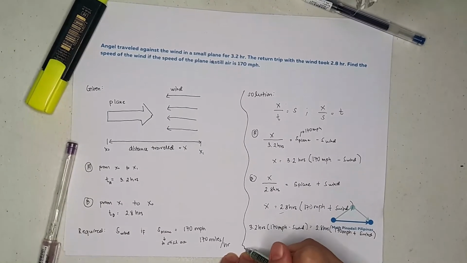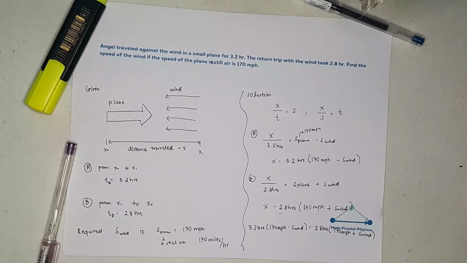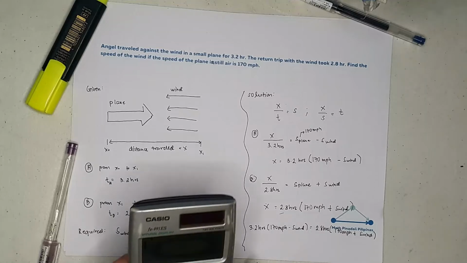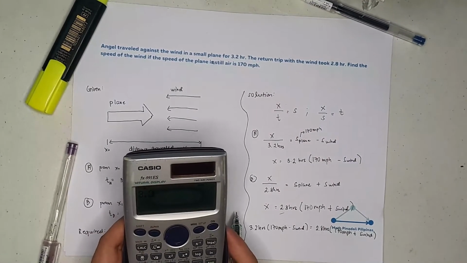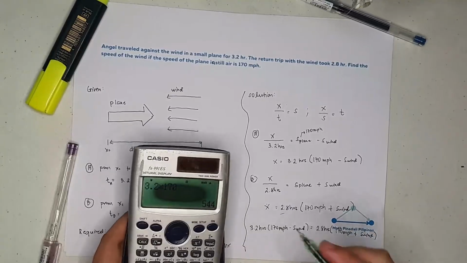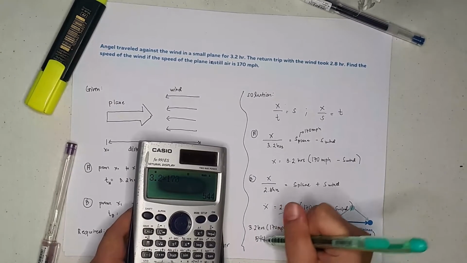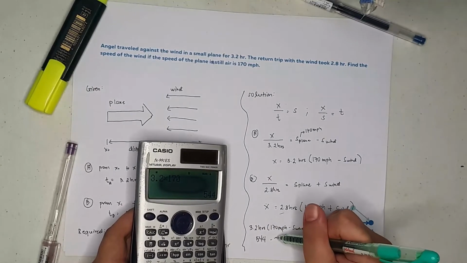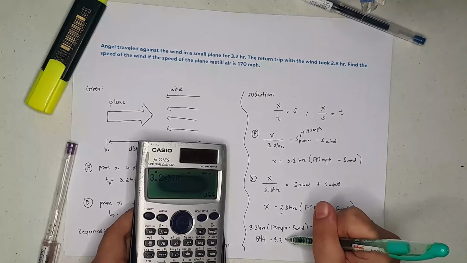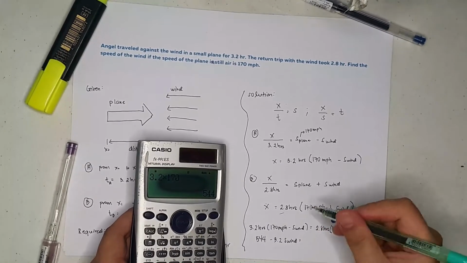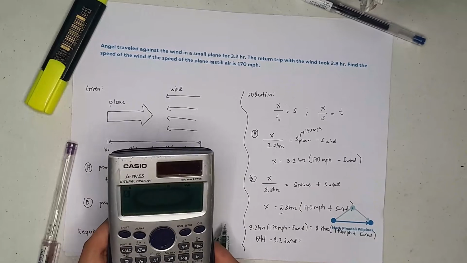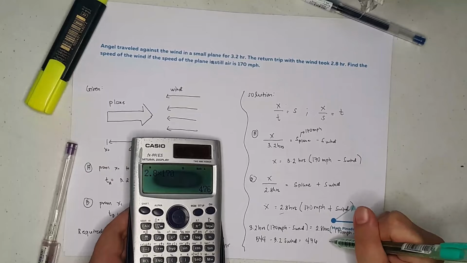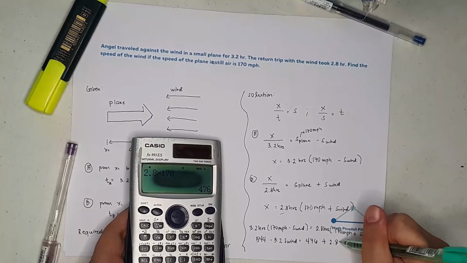Let's multiply 3.2 times 170, that's 544. Let me remove the units first. So 544 minus 3.2 S wind is equal to 2.8 times 170, that's 476, plus 2.8 S wind.